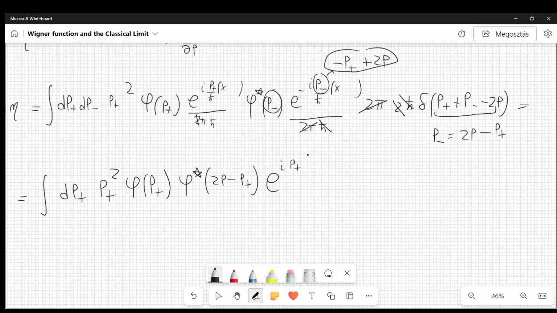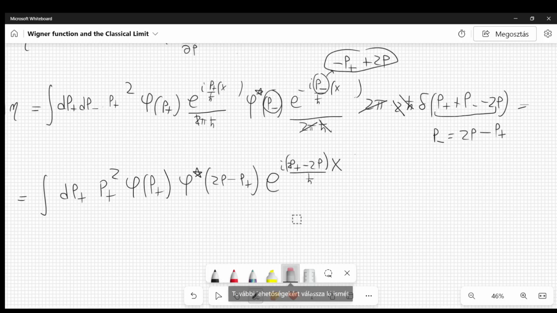So we have another plus p plus, so we have 2p plus here, and then we have minus 2p, and then we have to divide by h bar, and then we have x like this.